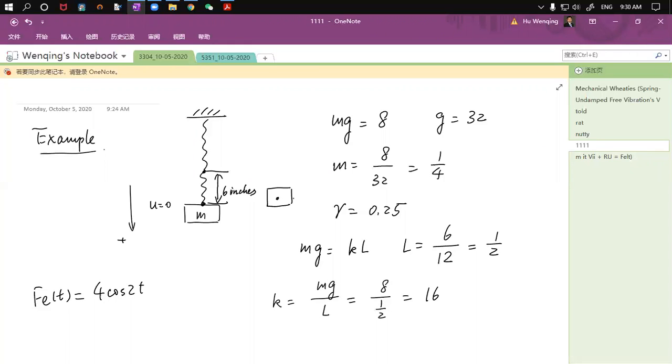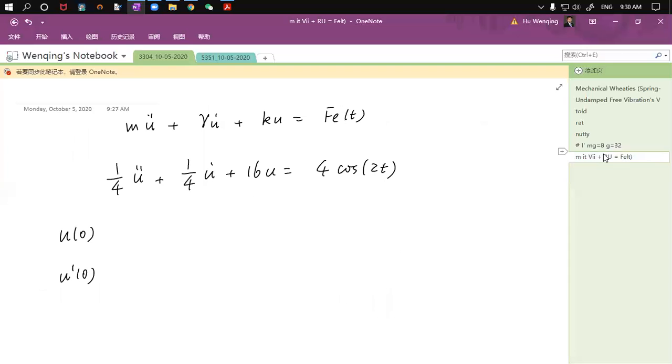So let's say 2 inches, but the upward direction is negative, downward is positive. So this is the actual position of your mass. It just has to be moved up. So that says that u of 0 is -2.